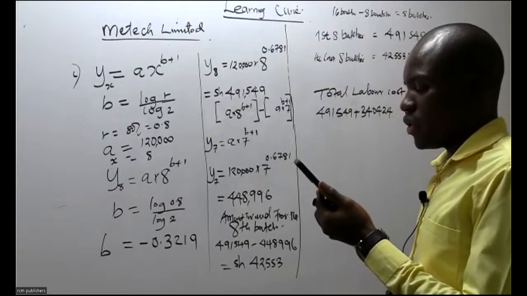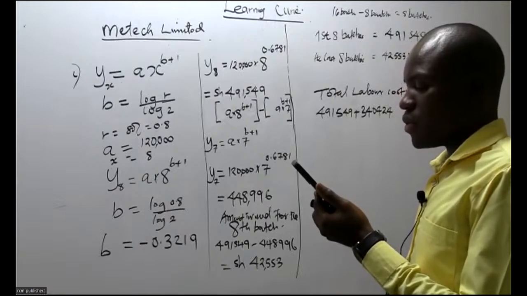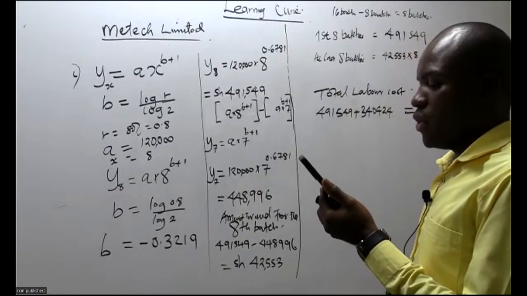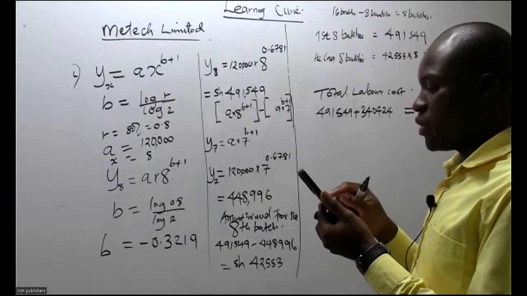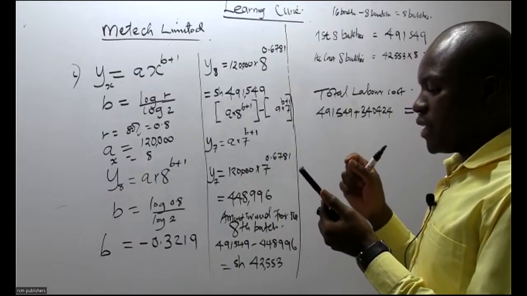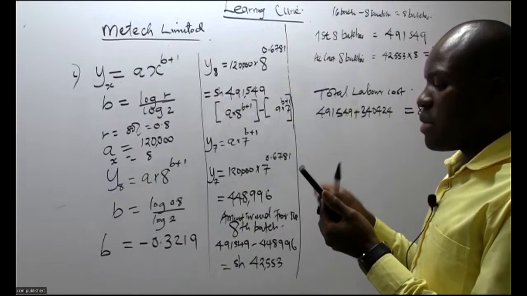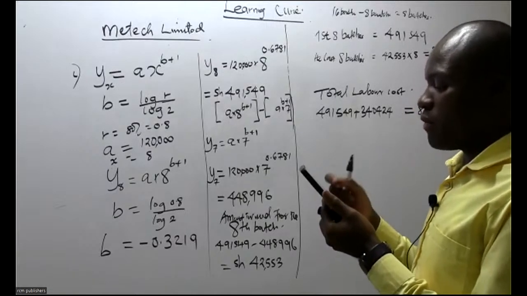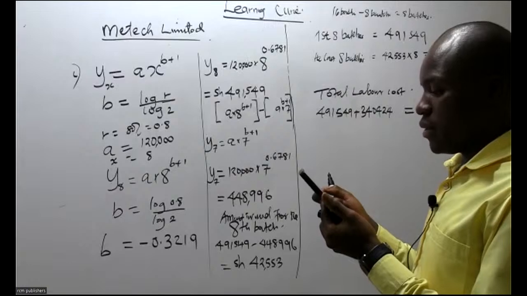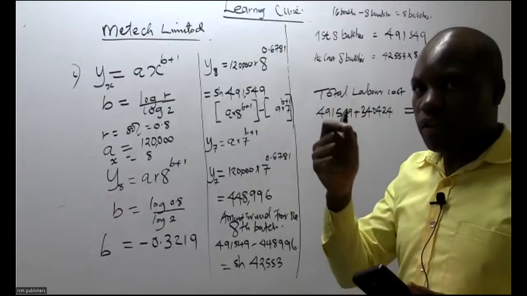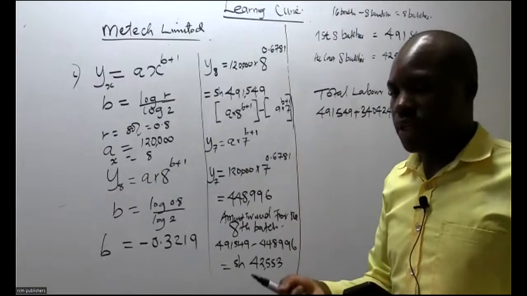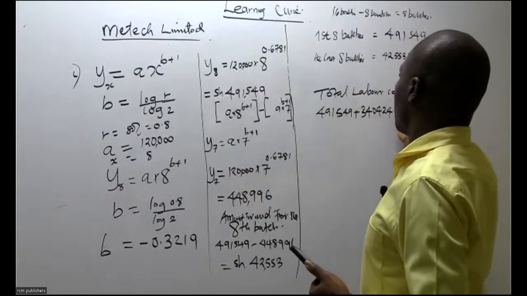Do we have the material cost? Look at what we are being told. Additional information number 1. The direct material and other non-labor related cost will be 150 per unit, not per batch. 150 shillings per unit. So this is total labor cost.